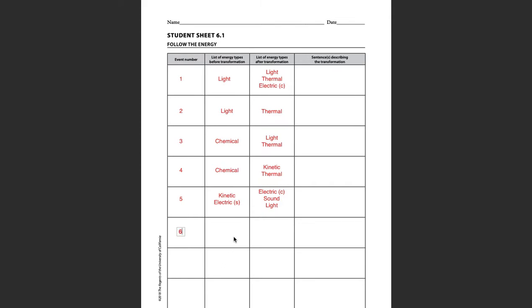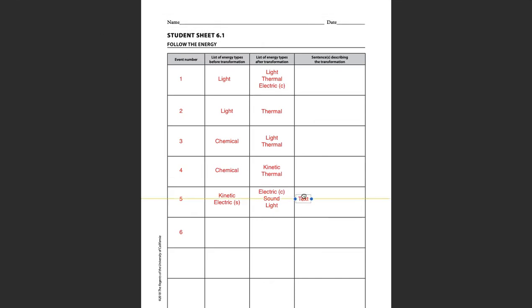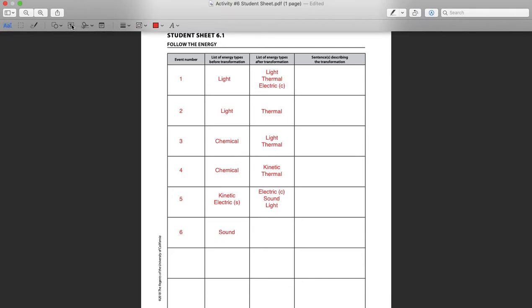Energy event card 6. Prior to the transformation. So he's singing, so that would be sound. And he's recording into electric devices that are probably plugged into electrical outlets, so that would be electric current.